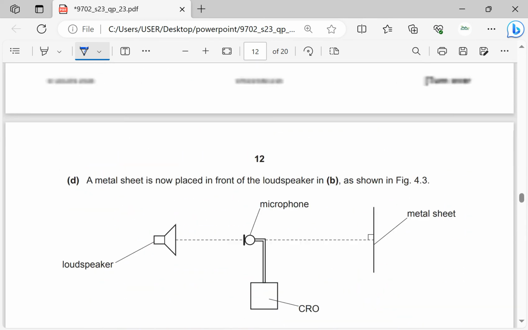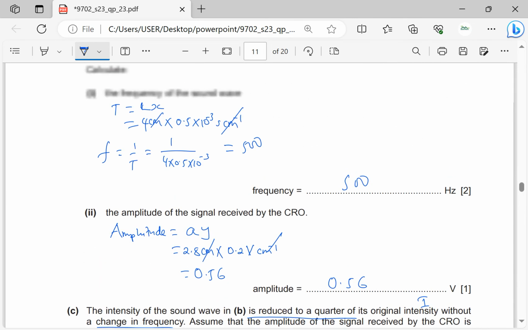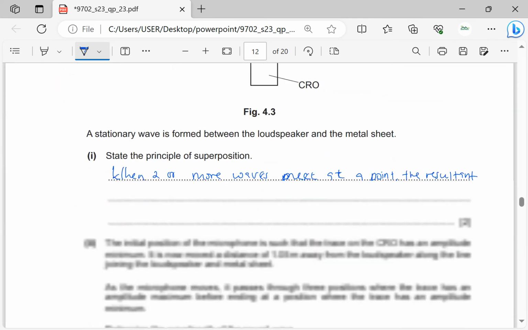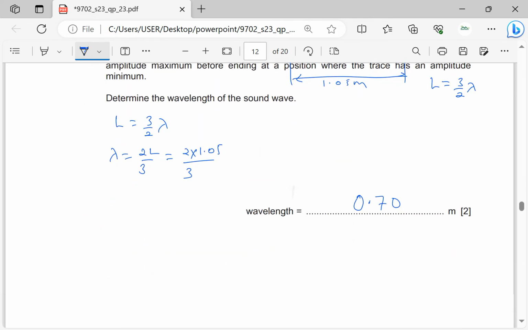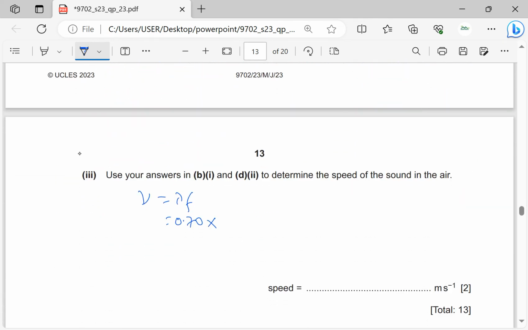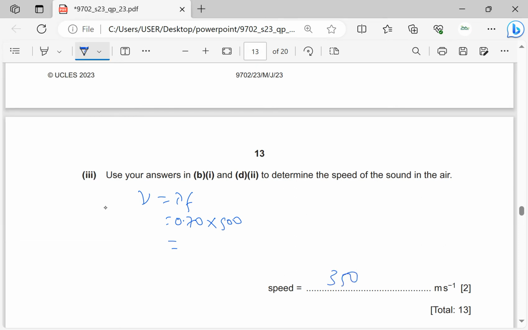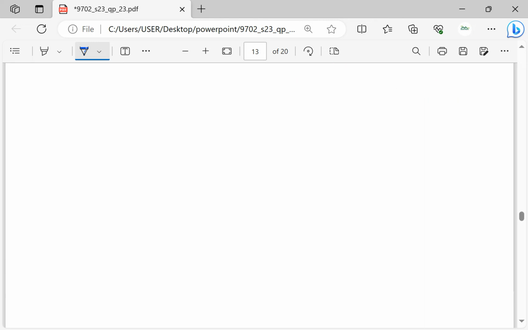The frequency was 500, so we simply say times 500. When I press my calculator, 0.7 times 500 is 350. So this is 350 meters per second.